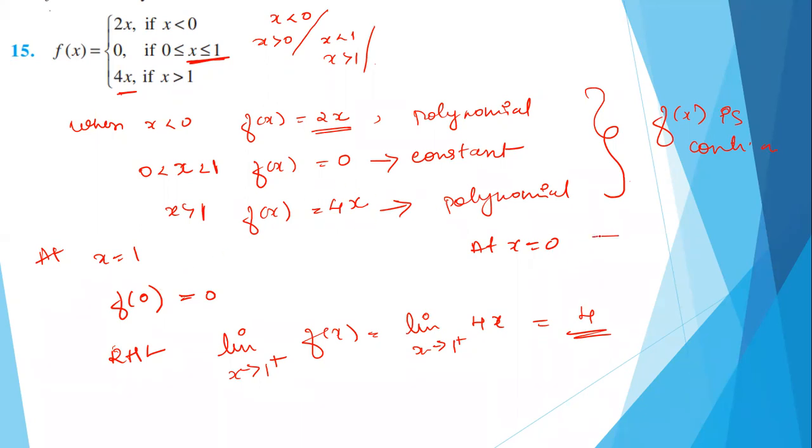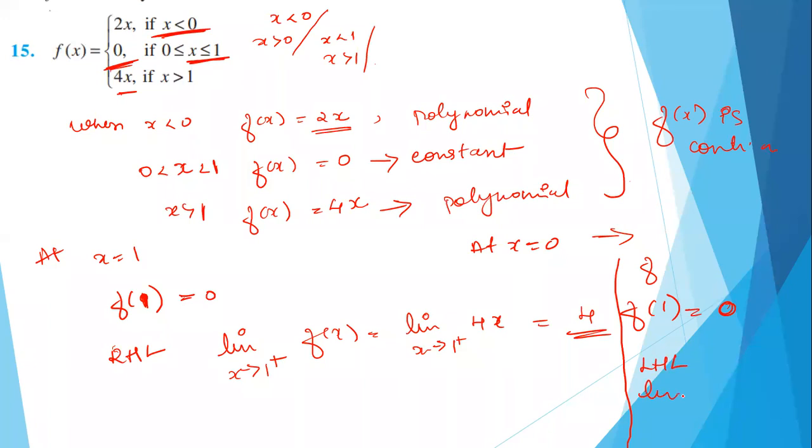Correct? So it is not continuous at x equal to 1. What happens when x is equal to 0? What is the functional value? f of 0 is also 0, correct? So what will be the left hand limit?